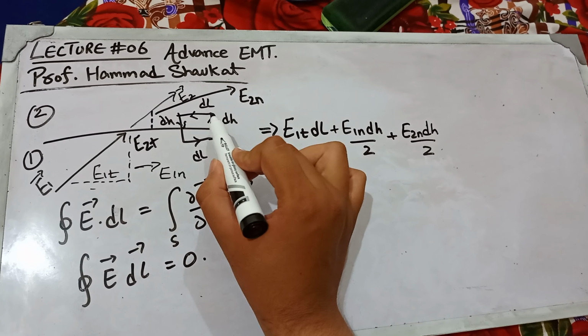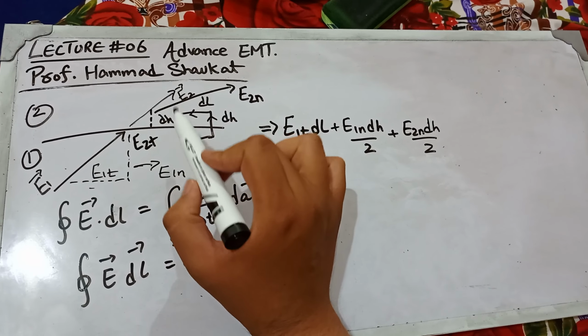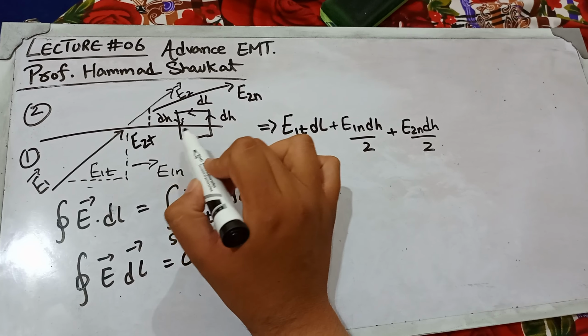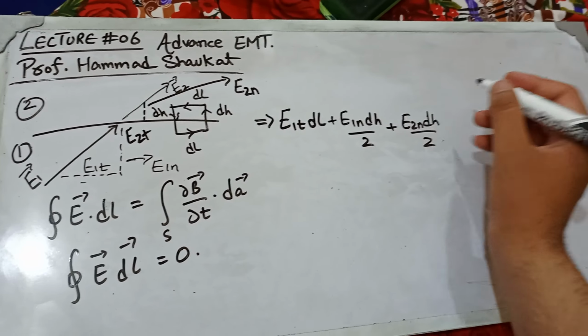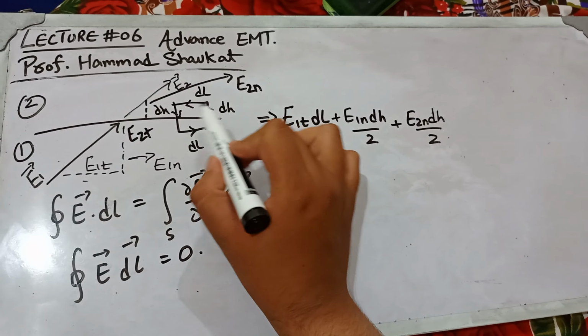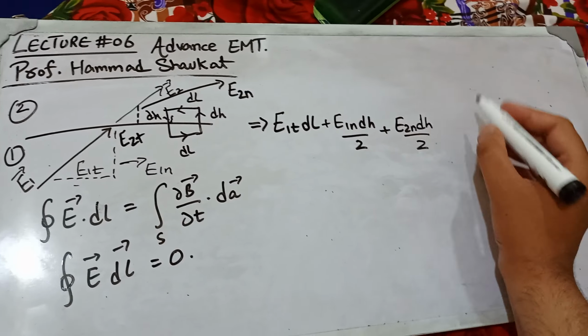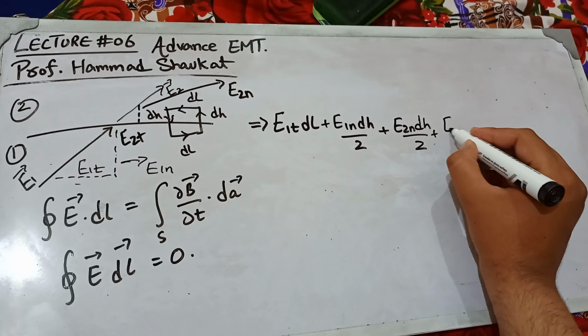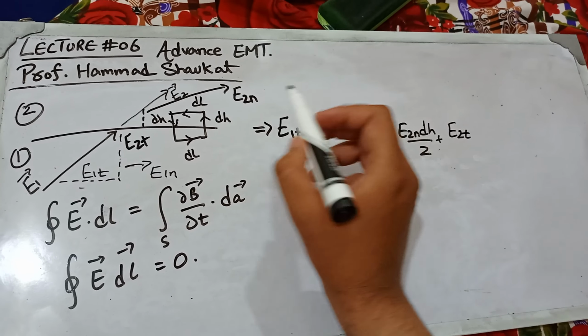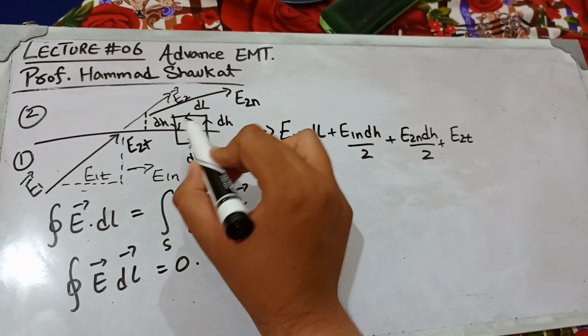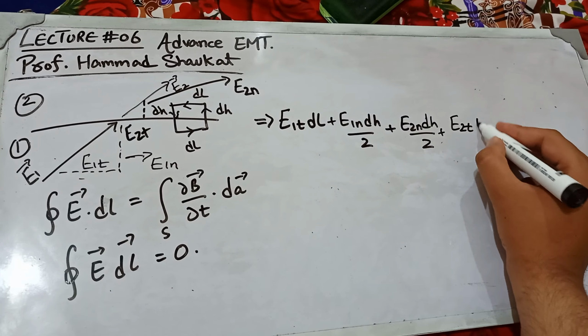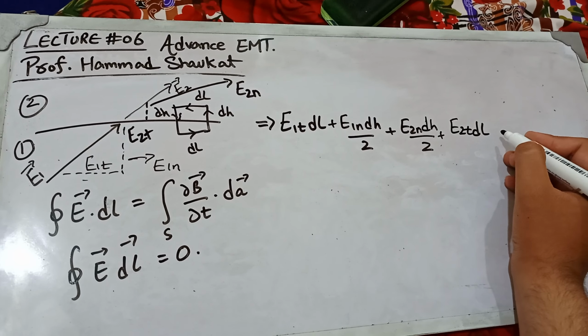Now in the second medium the base is basically e2t, as already told, and your length is dl, so it becomes e2t dl.